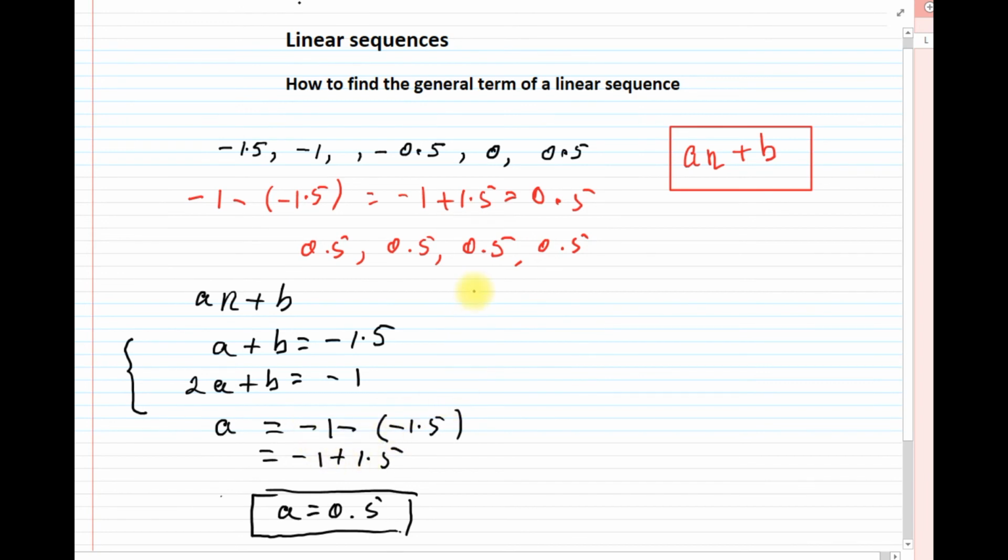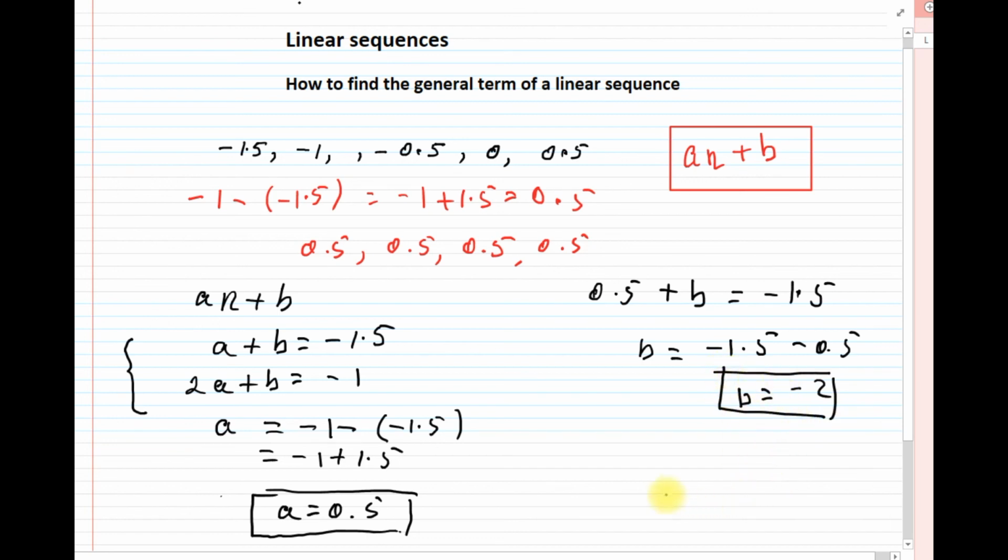So I have a is equal to 0.5, so I'll write 0.5 plus b is equal to minus 1.5. So b will be equal to minus 1.5 minus 0.5, so b will be equal to minus 2.